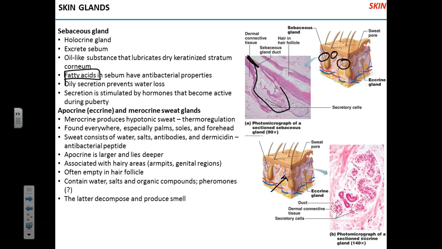So fatty acids are a great nutrient. There are bacteria that live in your sebaceous glands. This bacteria is called Propionibacterium acnes.